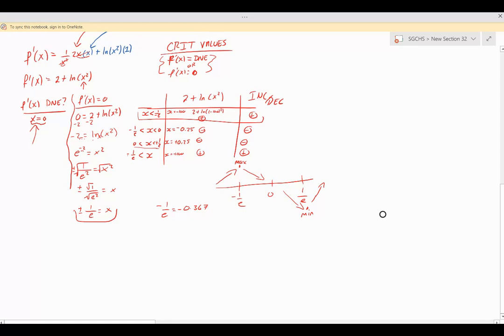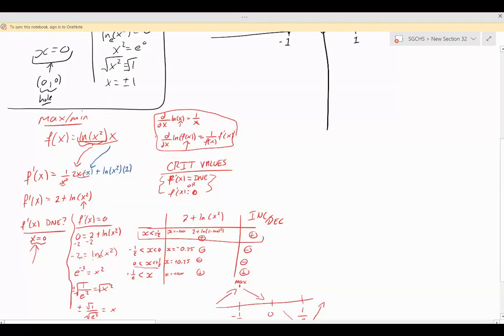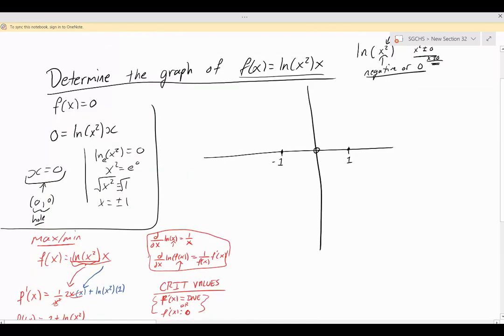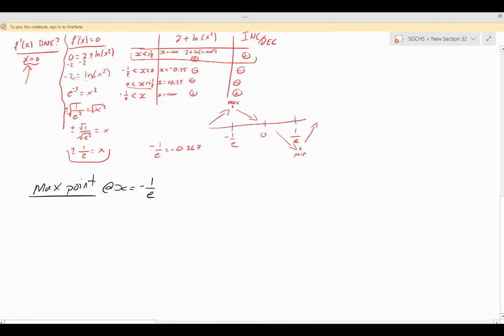Well, we want to plug those x values into our original function. So let's find our max point. Our max point is at x equaling negative 1 over e. Our original function, if we can remember all the way back there, is ln x squared times x.